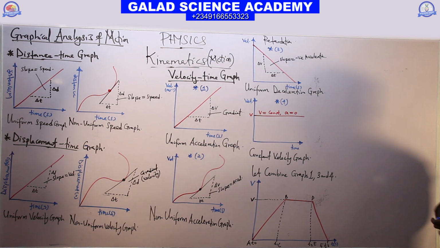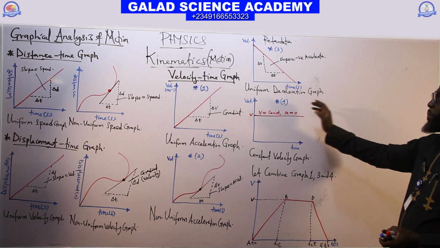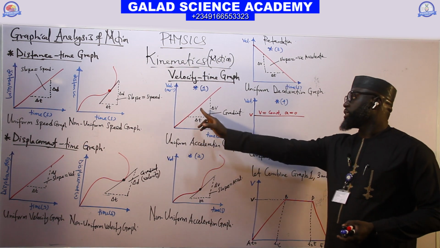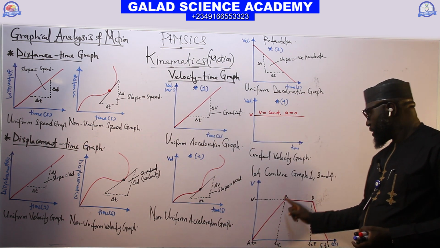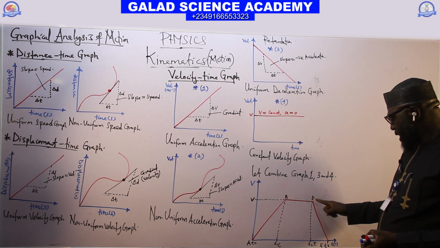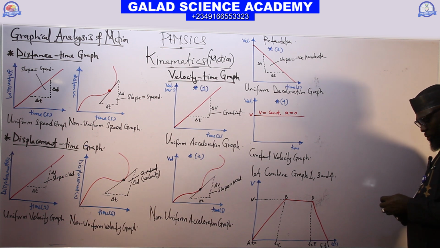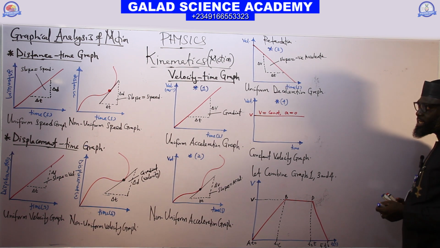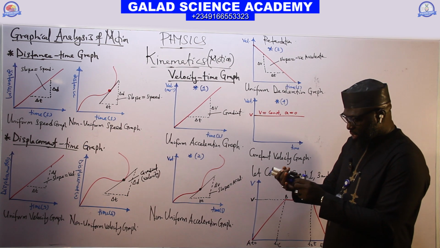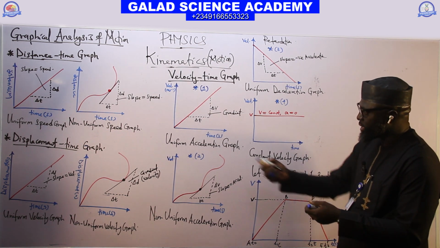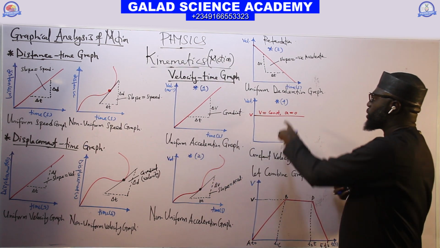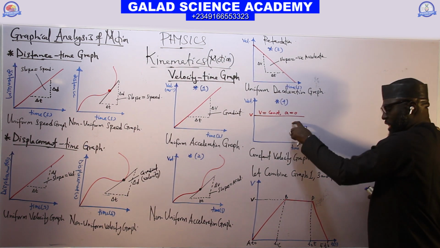We can observe that we combine this graph, this one, and this together. From there now, can I say that this graph is acceleration? This one is deceleration, constant velocity.